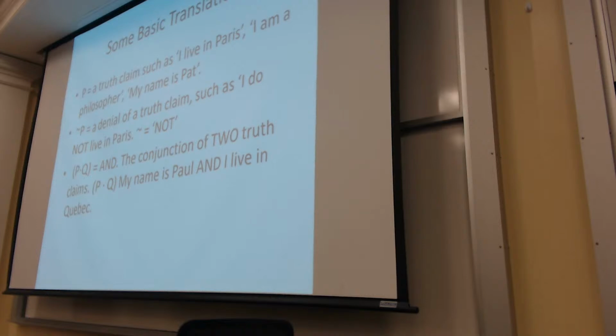The bottom one, this is our first compound sentence. This is the and. An and is sometimes called a conjunction. A conjunction statement is the claim that multiple claims are each true. So the claim P and Q is the claim that both these claims are true, that my name is Paul and I live in Quebec.